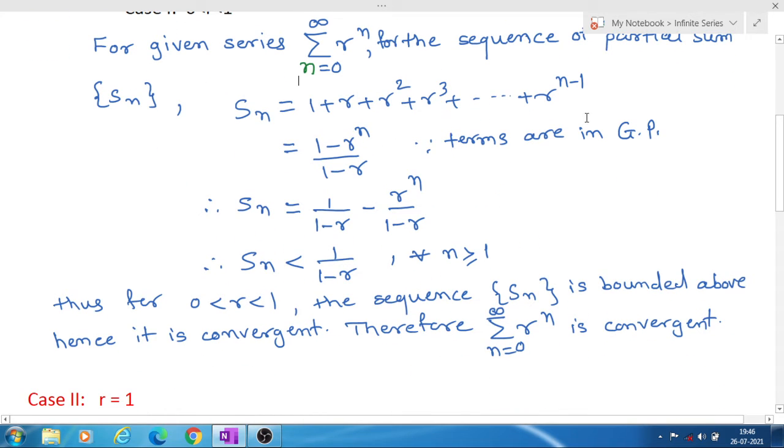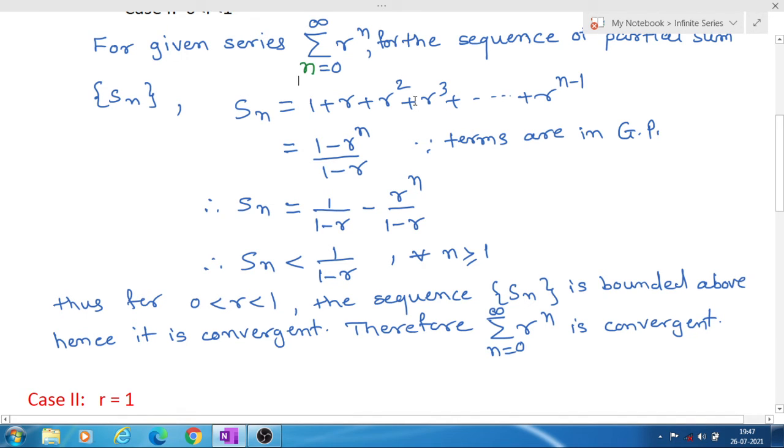Now the sum of these n terms: since these terms are in geometric progression, that means the ratio of successive two terms is equal to r. This r square upon r is equal to r cube upon r square is equal to r. So the ratio of two successive terms is r, that is constant.